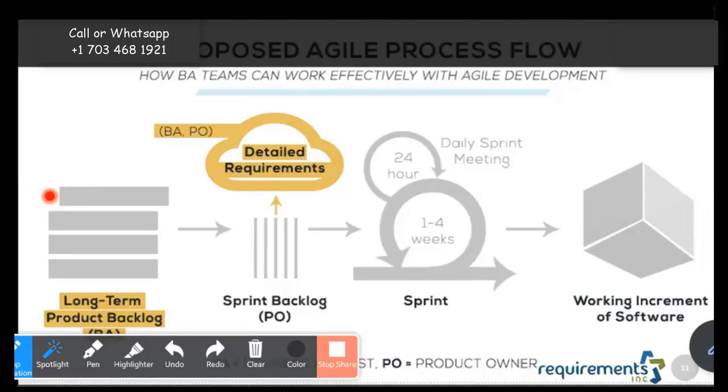So let me also add another layer to it. You open up the box and you see several sheets of paper, like A4 or letter size sheets, and those sheets describe different user stories.